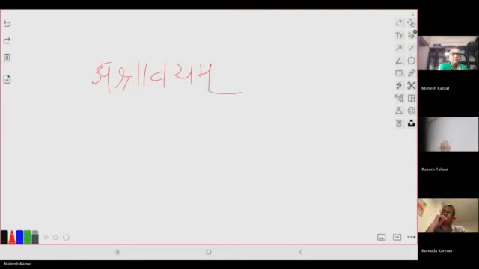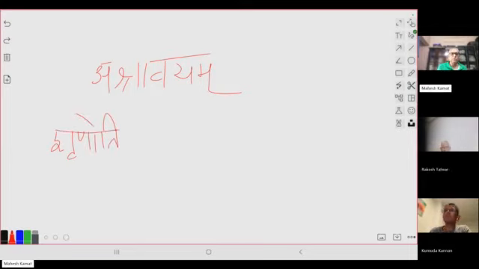Before we continue, this verb ashravayam. To hear is shrunoti, correct? To listen is shrunoti. Lang lakara is what?